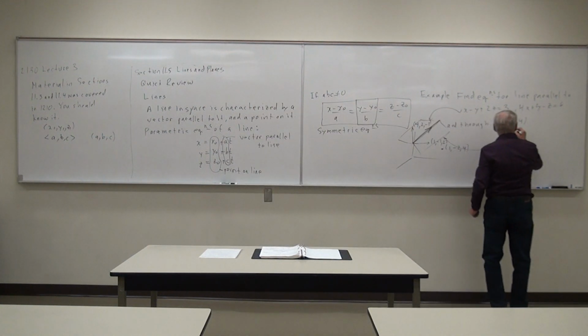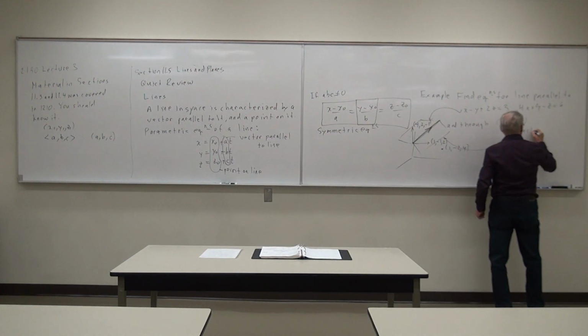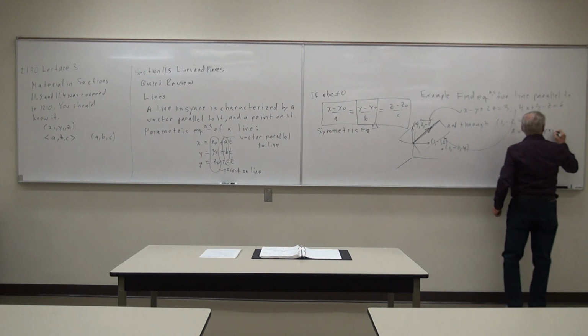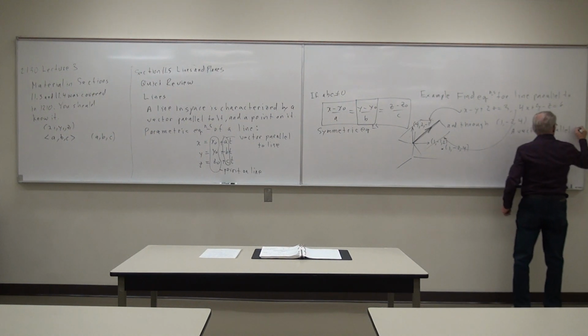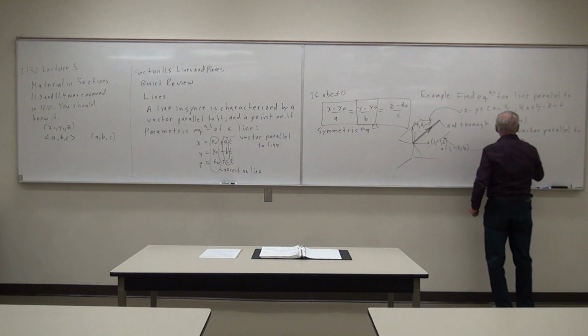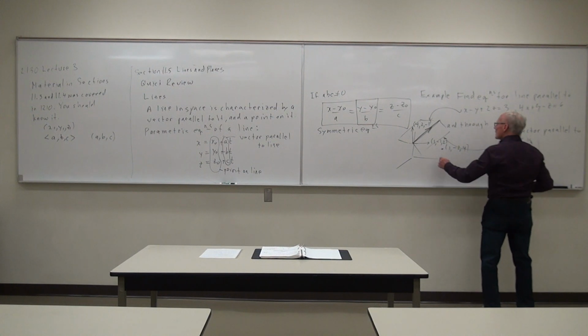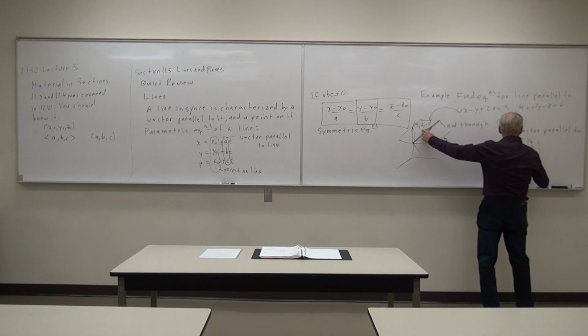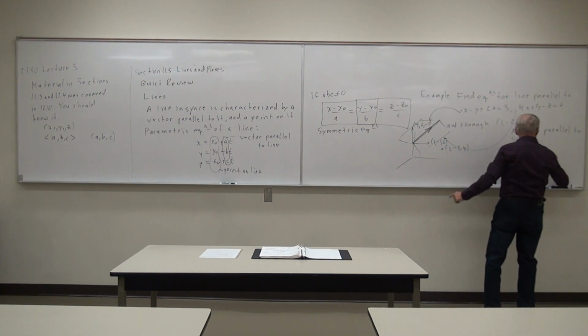So, a vector parallel to the line is going to be the cross product of those two vectors that we just wrote, those two normal vectors. So we got (4, 2, -1) and (1, -1, 2).